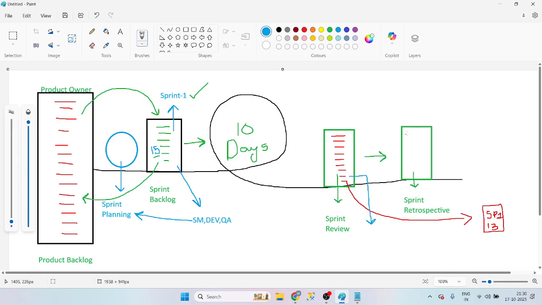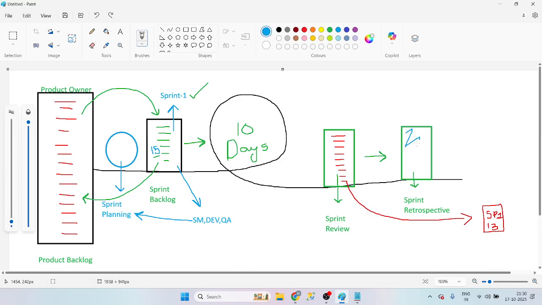Either the client said we need to improve somewhat, or the client said that we are working well. If the client says we need some improvements, we discuss how we can improve and in which areas we can improve. All these things we are going to discuss in the sprint retrospective.